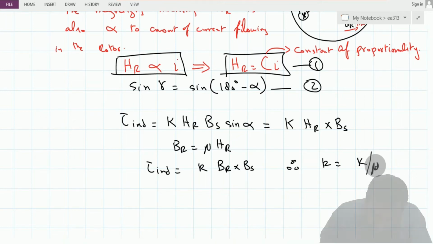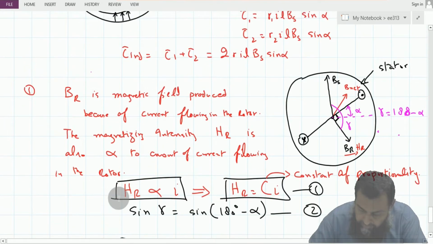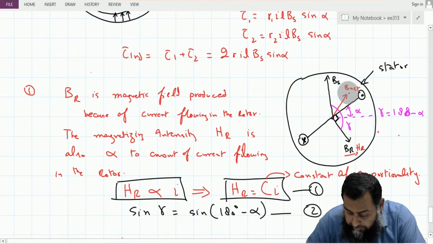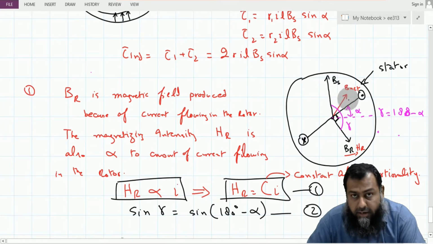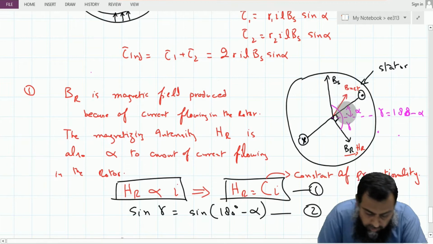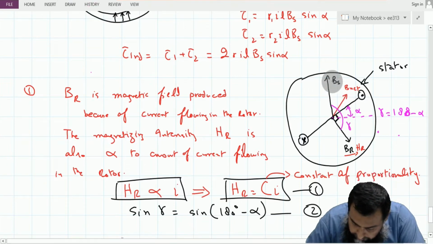So the net magnetic field B net, which is shown here, is actually the vector sum of BS and BR. This can be reached either by putting this BS at the end of this BR, or by putting this BR at the end of this BS.